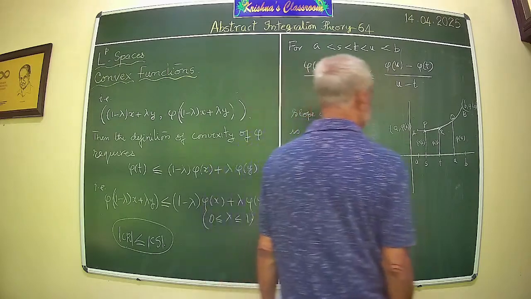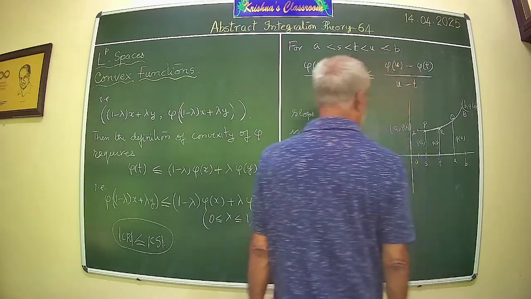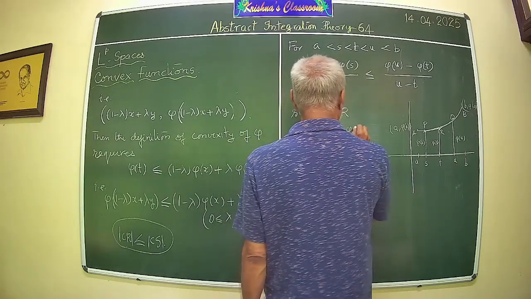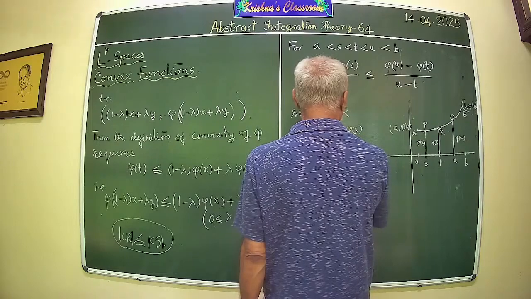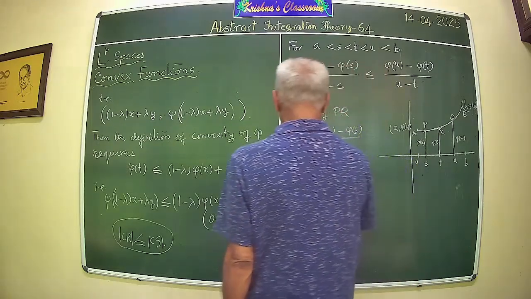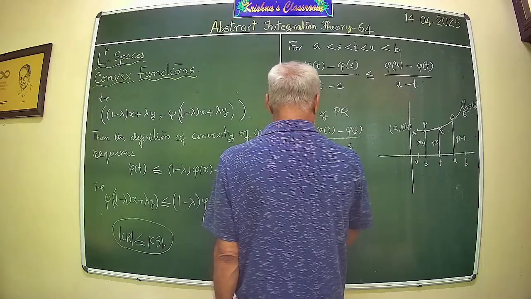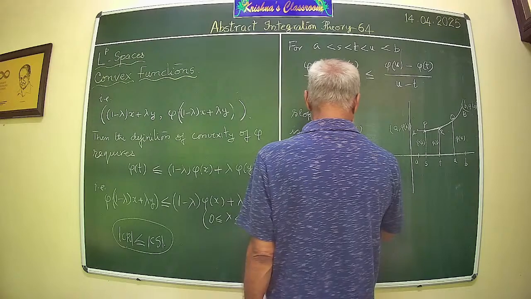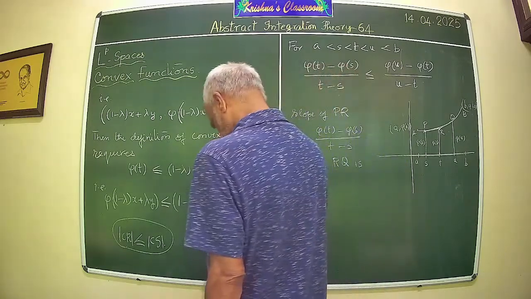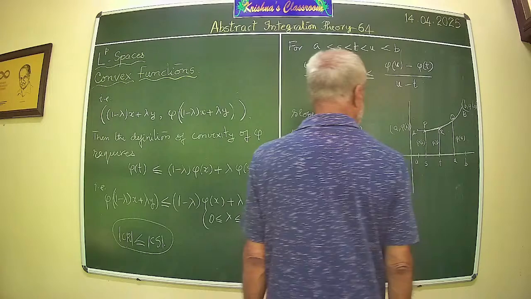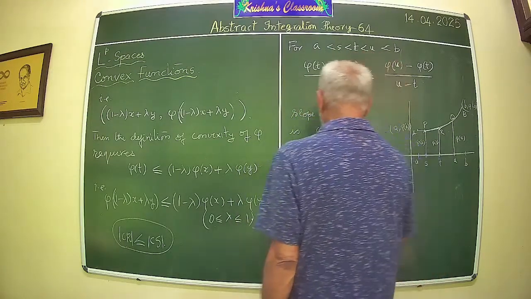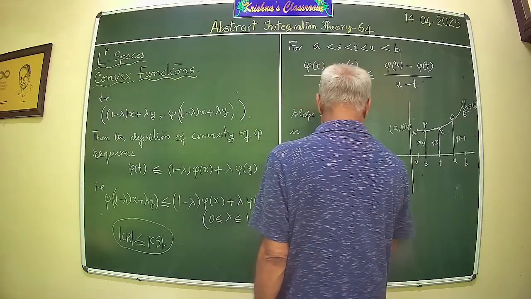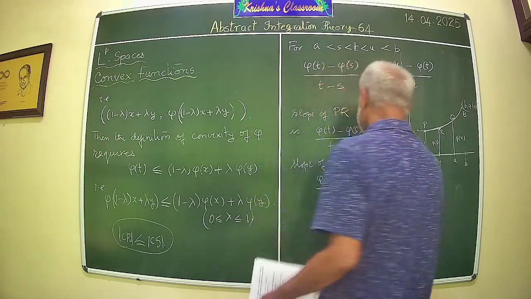Okay. So slope of PR is phi t minus phi s divided by t minus s. Slope of RQ is phi u minus phi t divided by u minus t.